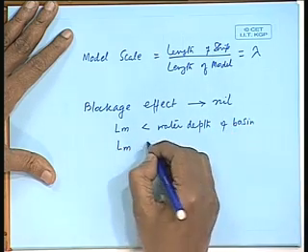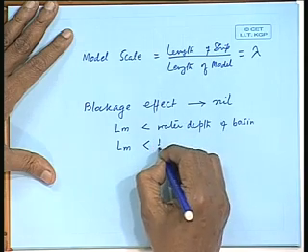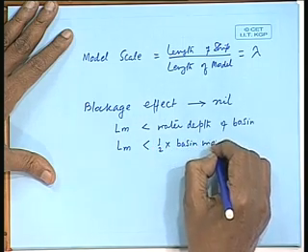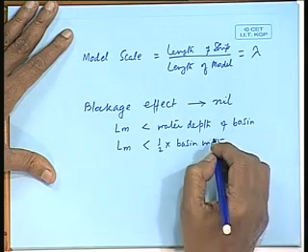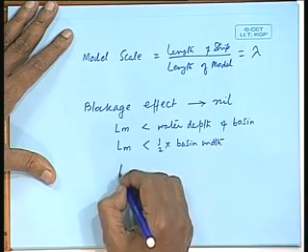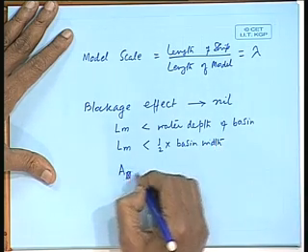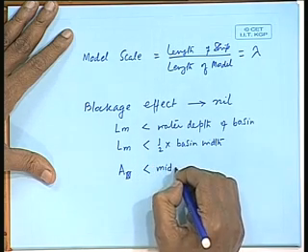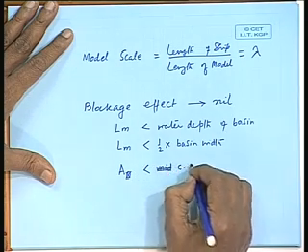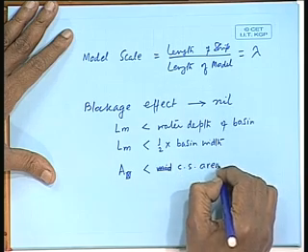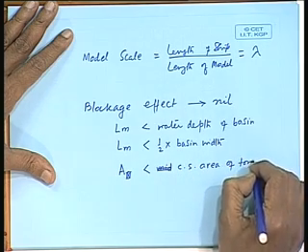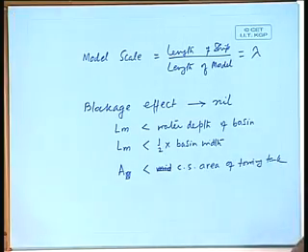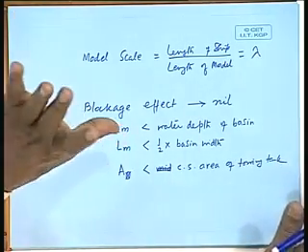Length of model should also be less than half the basin width, and the one that is most severe is that the midship area of the model should be less than the cross sectional area of the tank. Cross sectional area of the tank is breadth of the tank into depth of water.